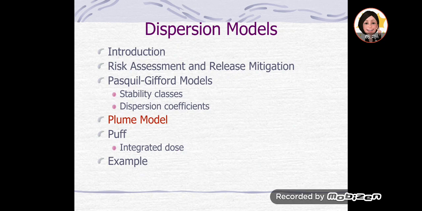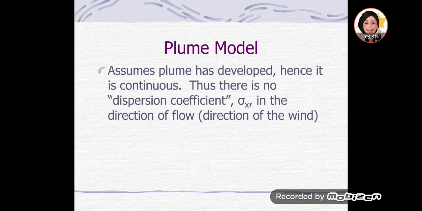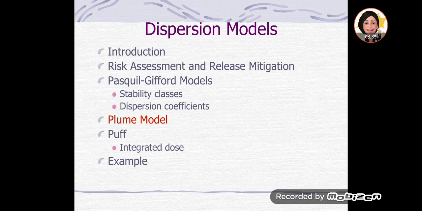Okay, let's look a little bit into the plume model. In previous slides, we knew that there can be two types of dispersions: one can be plume and the other can be puff. We saw the dispersion model in the previous slides, and then let's see how we model the plumes itself.